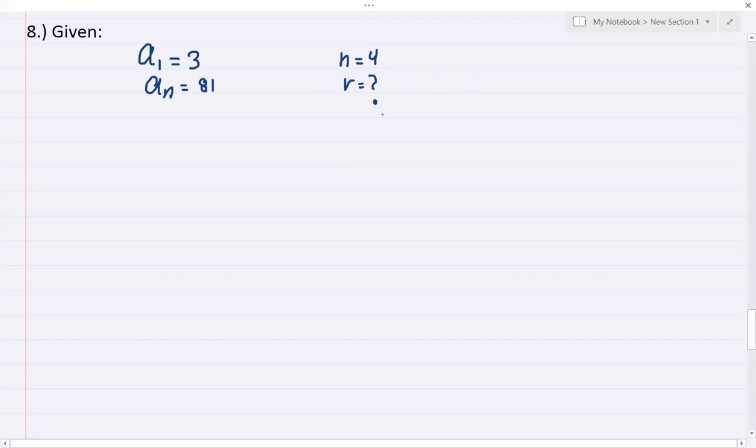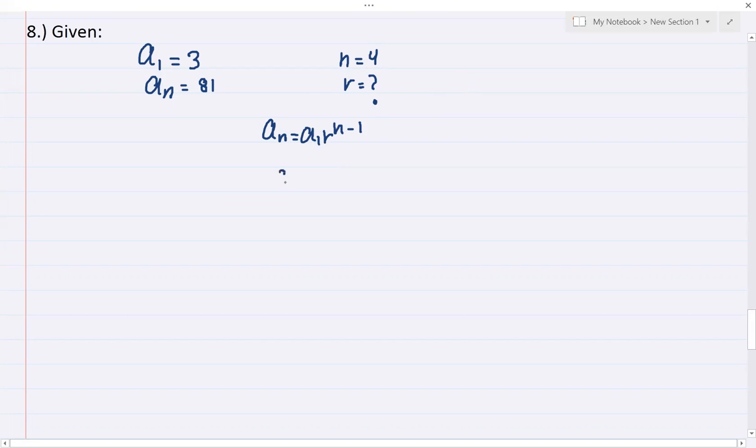Since you're asked to find the common ratio, you are going to use the formula a sub n is equal to a sub 1 times r raised to n minus 1. So let's substitute.